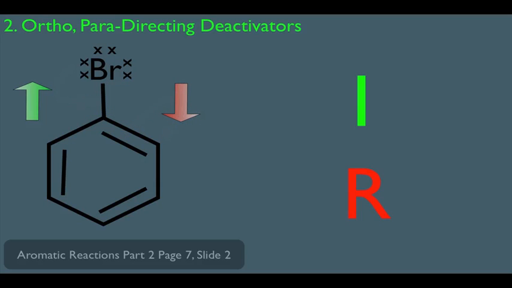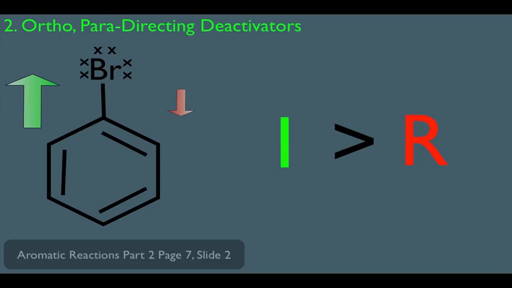Now at this point you might be thinking, this was the same arrangement that we got with the first group, the ortho-para-directing activators. So what's the difference? Well, here's the difference. For these types of substituents, it's the inductive effect that is more powerful than the resonance effect. That is the exact opposite for group 1 substituents.